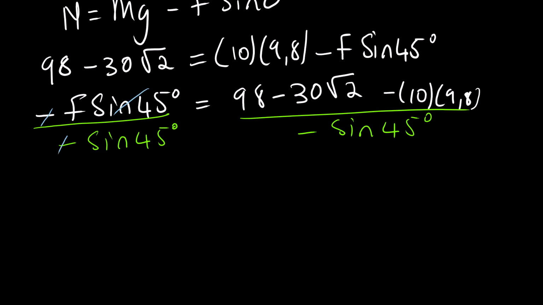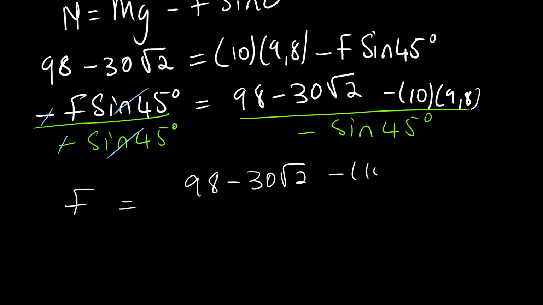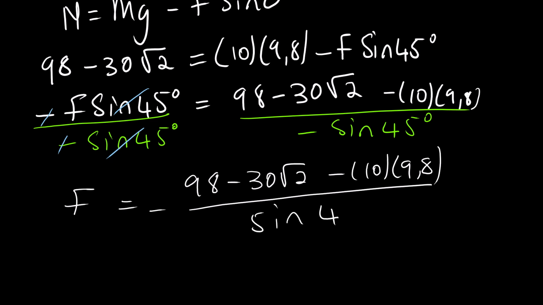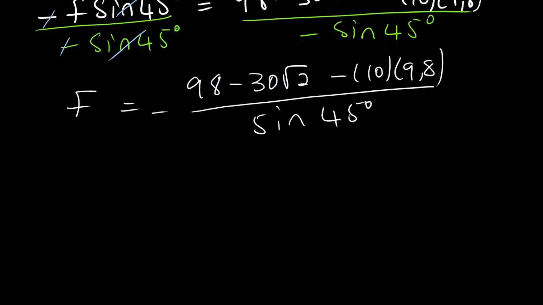We know that this will result into 1, and then we are left with F is equal to 98 minus 30 square root of 2 minus 10 times 9.8, all divided by negative sine 45. Then the answer should give us 60 newtons.